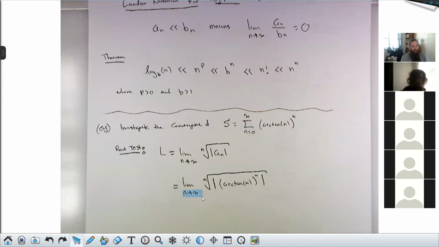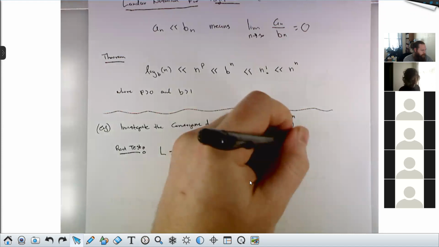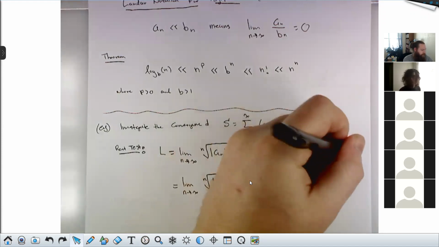As n gets bigger and bigger, what sort of values does arctan of n take? Positive, negative? Positive. Yeah, positive values, right? Arctan n, that's the inverse tangent of n.